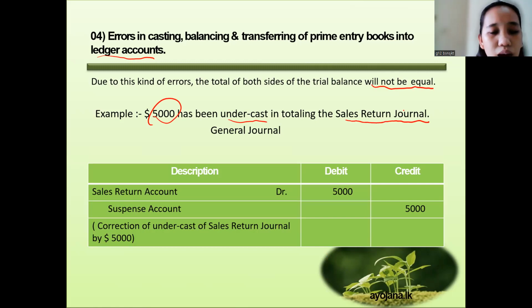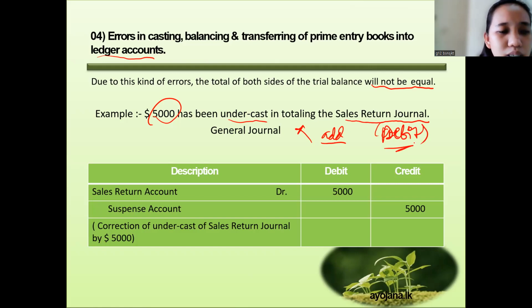In order to correct an undercast, we need to add, right? Sales returns is always on the debit side, so in order to add this sales return, because it was undercast, we put it on the debit side.